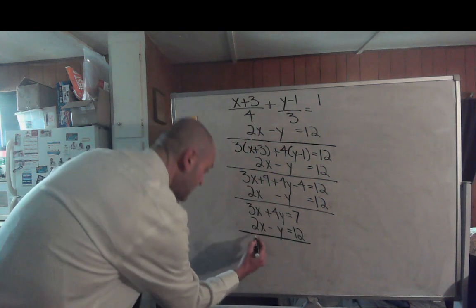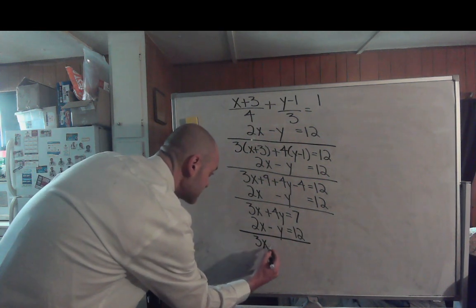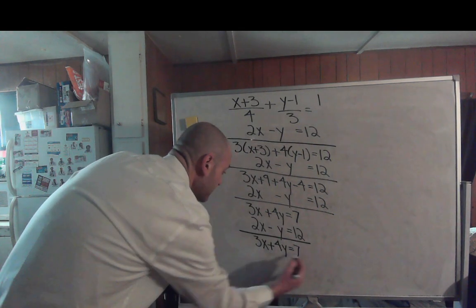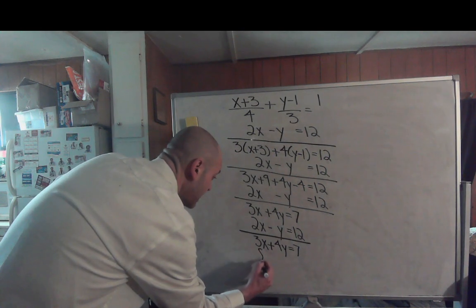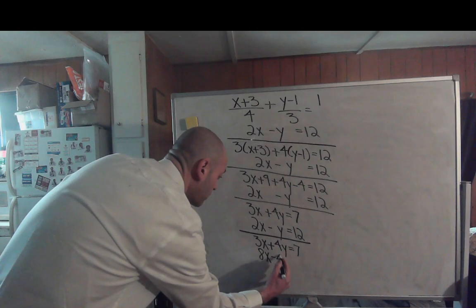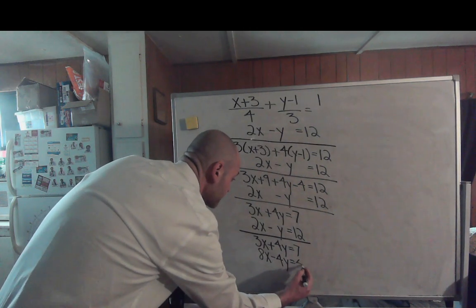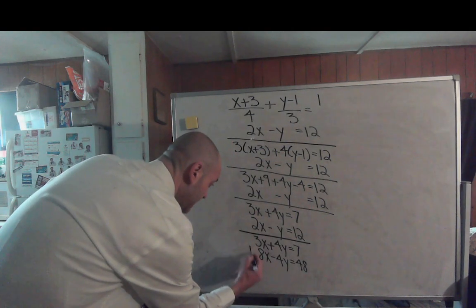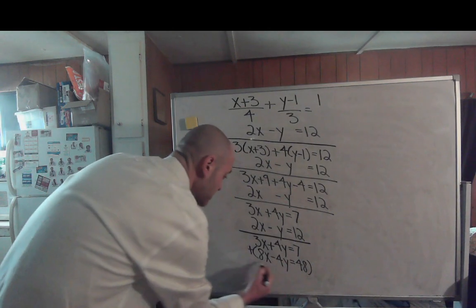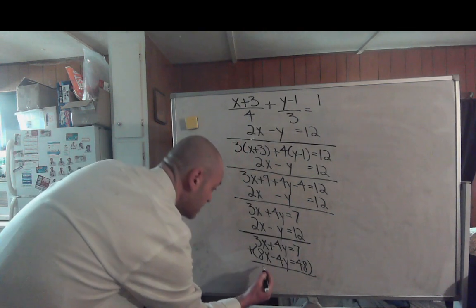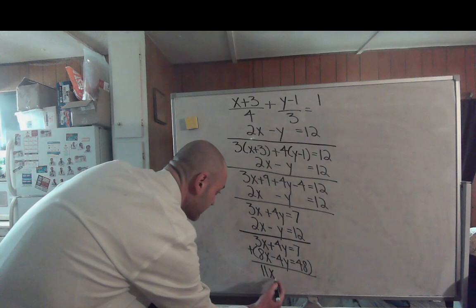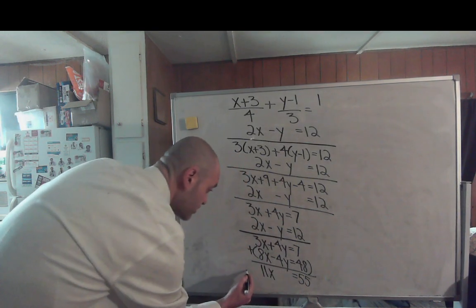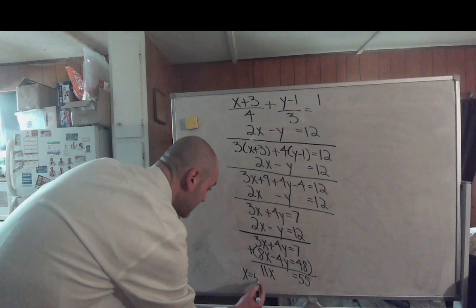If you do that, you'll end up getting 3x plus 4y equals 7, and then you'll end up having 8x minus 4y equals 48. Now all you have to do is simply add the second equation to the first, and you can eliminate the y variable. That would give you 11x equals 55, which would just have to mean that x equals 5.